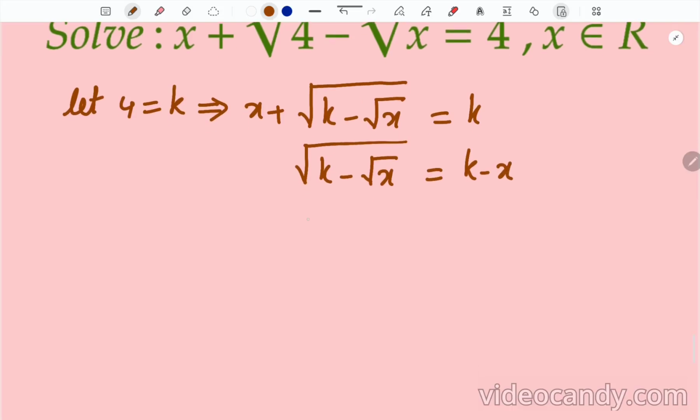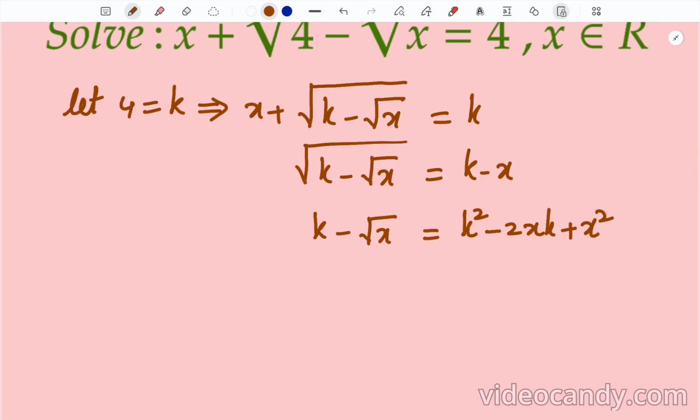Now we'll do the square on both sides, then we will get k minus root x equals k square minus 2xk plus x square. This is what we'll get. Now here I am going to change the method.